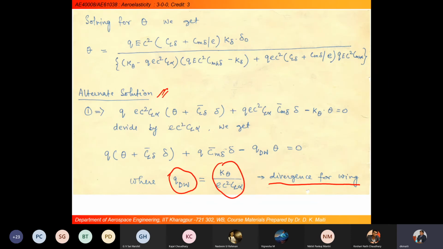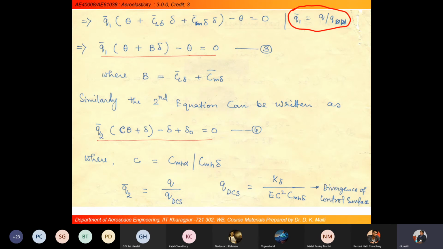So after simplifying this equation, I am getting q multiplied by theta plus Cl delta bar into delta plus q into Cm delta bar into delta minus q d wing into theta equal to 0. And this equation again I am substituting with the non-dimensional term q1 bar. So it is multiplied by q1 bar into theta plus Cl delta bar into delta, Cm delta bar into delta.